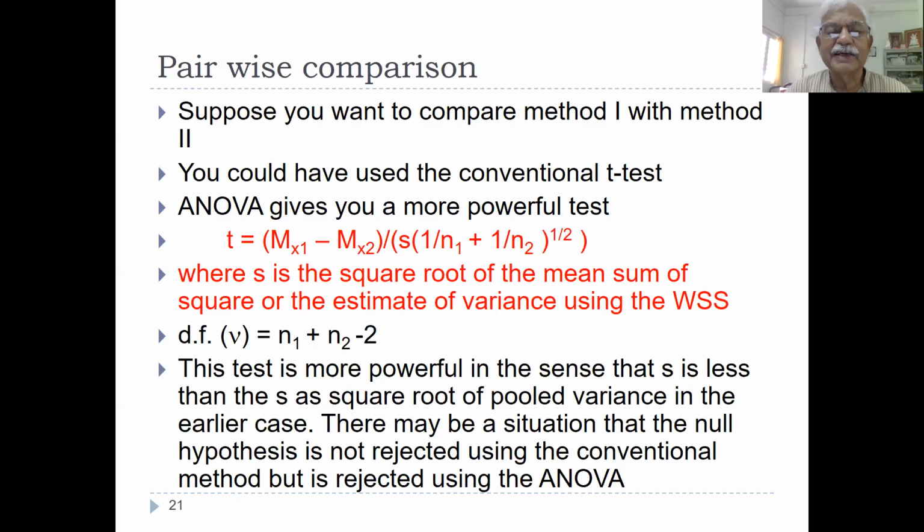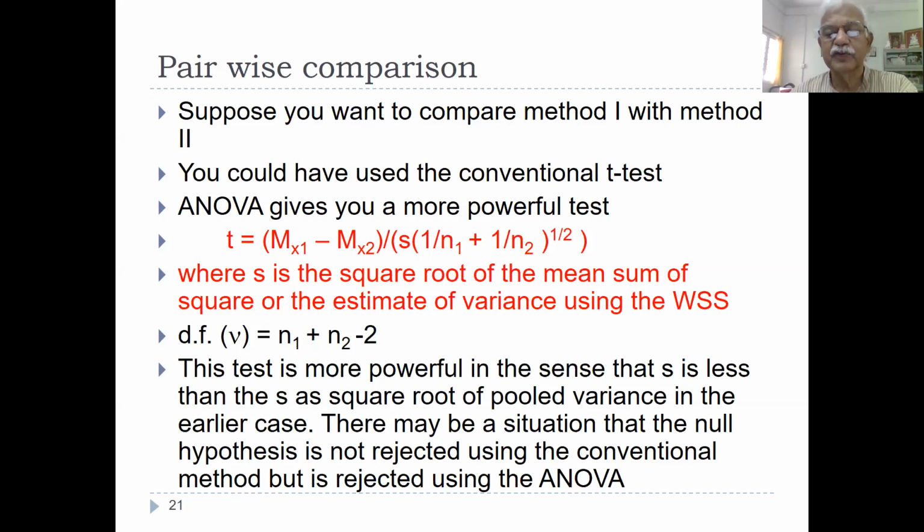But here we take the mean sum of square for the error term, which is S squared, and in the bracket 1 upon N1 plus 1 upon N2, and square root of that, where S is the square root of the mean sum of square, or the estimate of variance using the within sum of square. Degrees of freedom in this case would be N1 plus N2 minus 2.